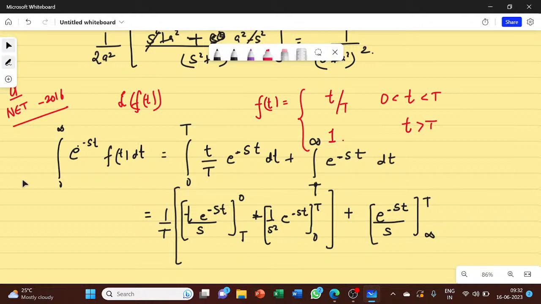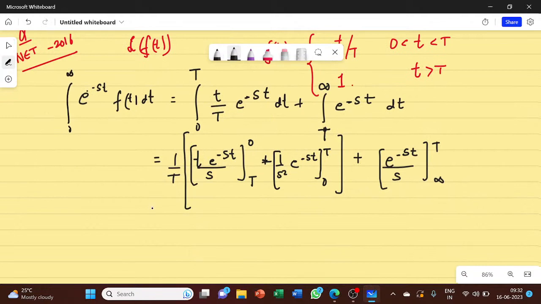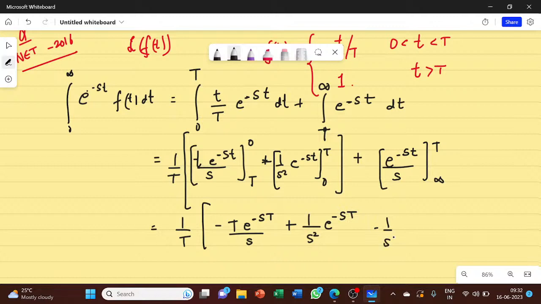Is that clear till now? And if you want to solve it, you will get what? You get 1 upon T, and here you are getting 0 minus T e to the power minus s capital T divided by s, plus 1 upon s square e to the power minus sT, minus 1 upon s square, plus e to the power minus sT upon s.